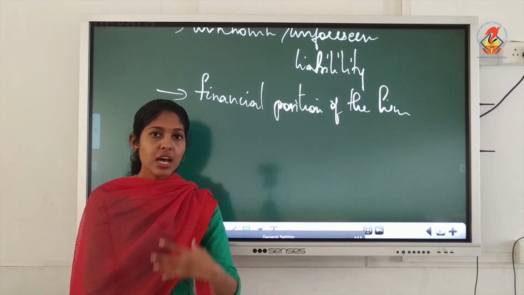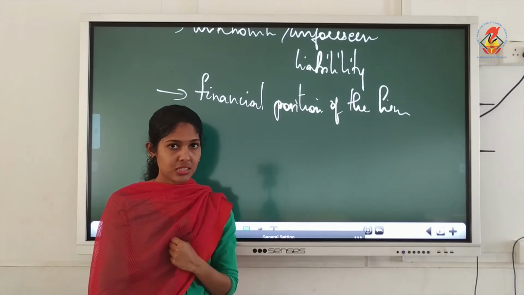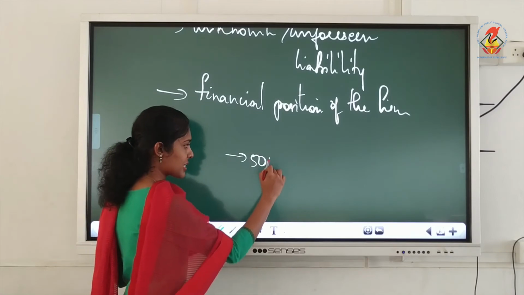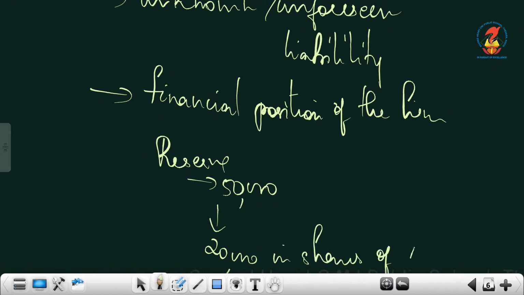Then the reserve can be invested in outside securities. Suppose you kept a reserve like 50,000 aside out of profit, and out of this you invested 20,000 in shares of A Limited. A Limited can be the name of another firm, not your firm.